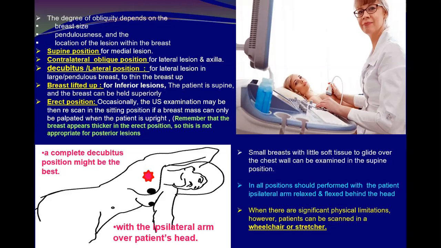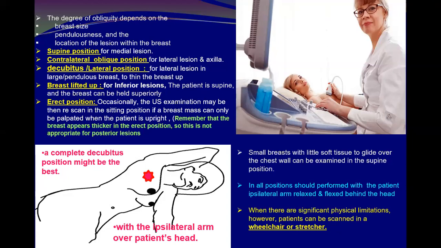But remember that in the erect position, the breast will be thick and the posterior portion will be difficult to evaluate. So you need to let her lie down again and re-scan her. But while scanning her in the supine position, if you could not palpate the lesion and the patient could not palpate it, ask her to sit upright and scan her.